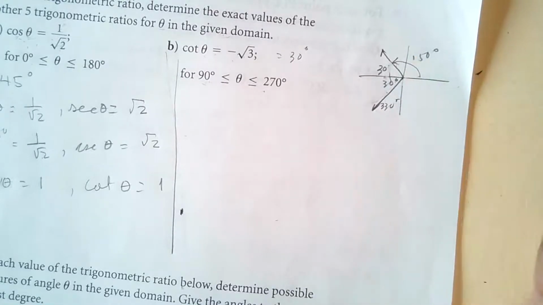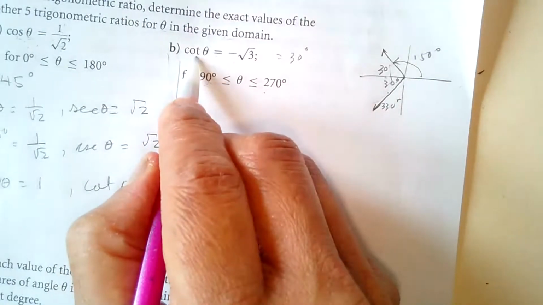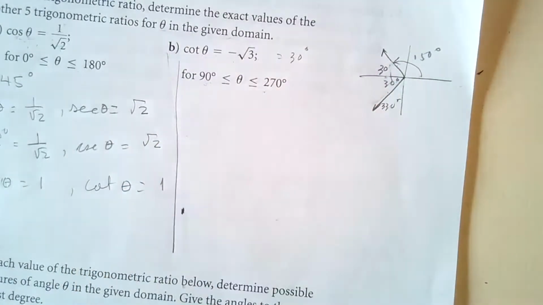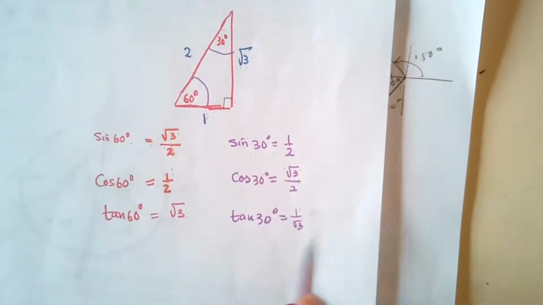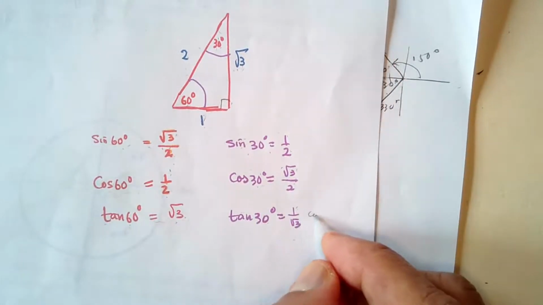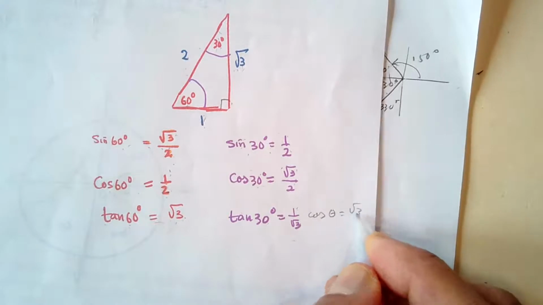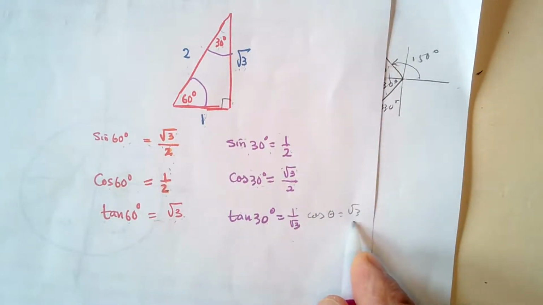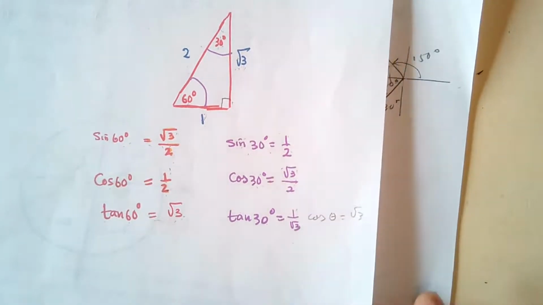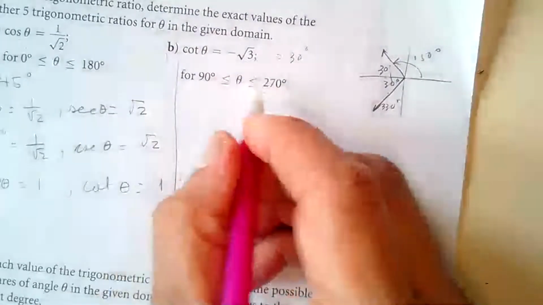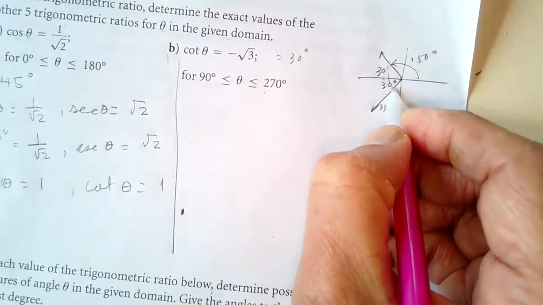So reference angle is 30 degrees because cotan theta of negative √3, if you go back here, cotan is equal to root 3. But since we are going to negative, it will be negative √3. So this is a reference angle of 30 degrees here.